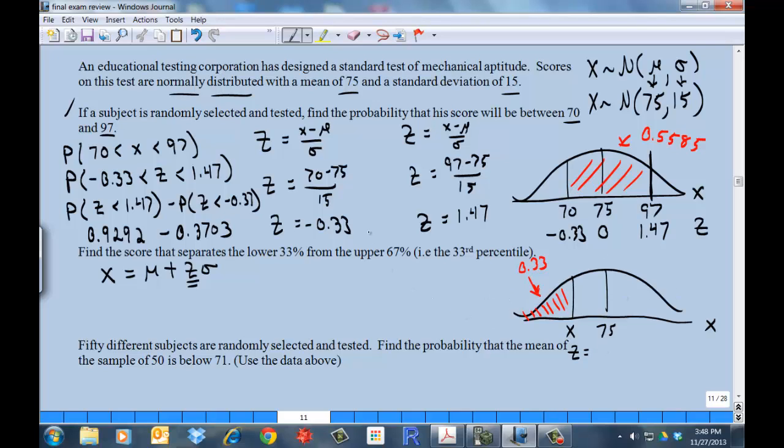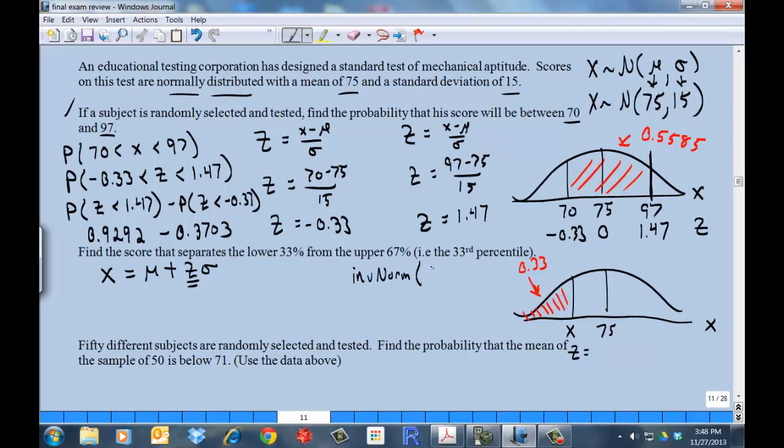from the upper 67%. And what we can do is we can go over here and use the inverse norm function on the calculator to find the z-score that separates the bottom 33% from the upper 67%. So the inverse norm.